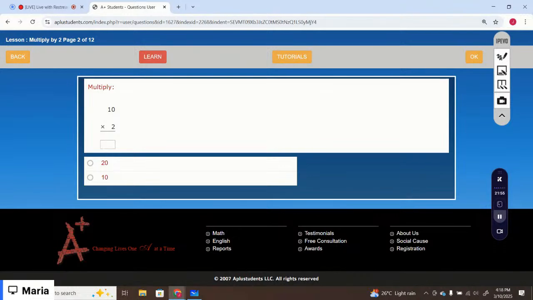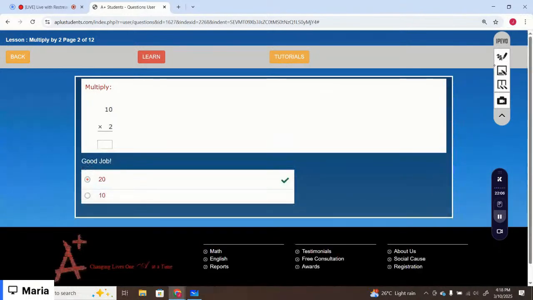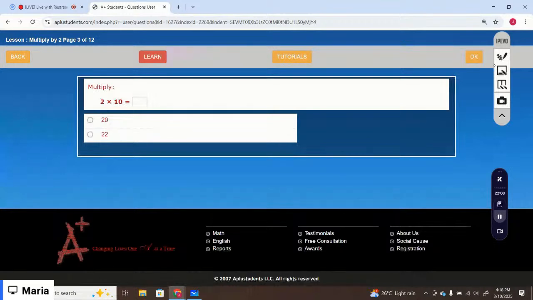Ten times 2 equals 20, so option number 1 is the correct option. 2 times 10 equals 20.